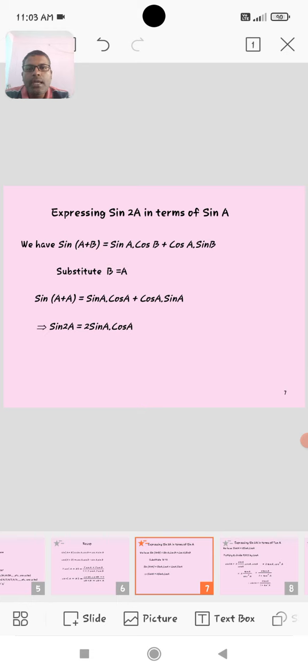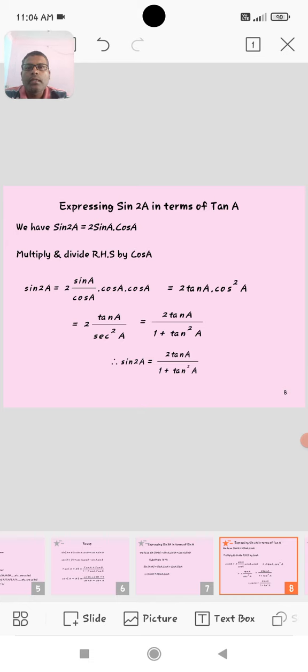We get sin A cos A plus cos A sin A, then adding, we get 2 sin A cos A. Are you clear? So in the place of B we substitute A, and we get the sin 2A formula: 2 sin A into cos A.